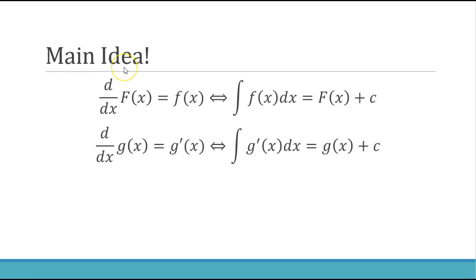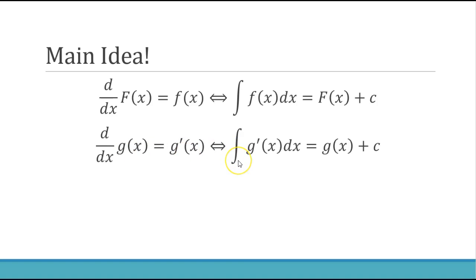And there is a main idea going on with antiderivatives or these indefinite integrals. If we take the derivative of big F of x and we get out little f of x, then that means the integral of little f of x is big F of x plus c. But the big F of x, little f of x notation may be a little bit hard to understand because it's the same letter, just capital versus lowercase. So here's another way to think about it. If I take the derivative of g of x, that's g prime of x.